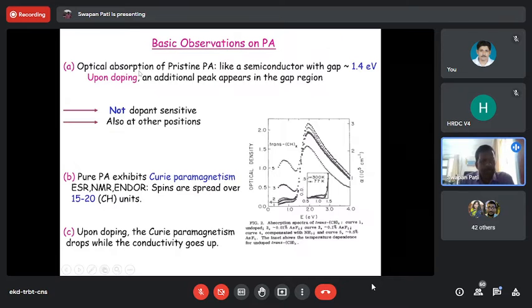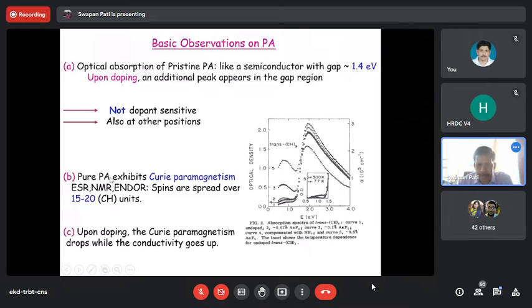They were measuring the optical absorption of pristine polyacetylene. It is like a semiconductor with a gap of 1.4 electron volt. Upon doping, an additional peak appears in the gap region. However, that peak does not depend on the dopant. Also, at other positions, those peaks do not depend on the dopant.